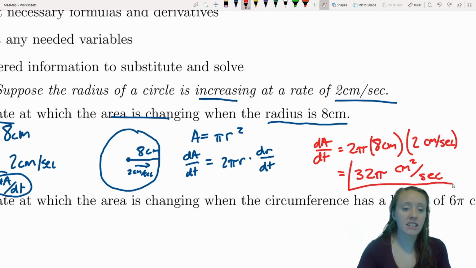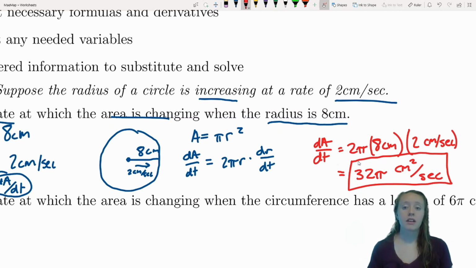That is how fast my area is increasing. That's the rate of change that my area is increasing with respect to time: 32 pi centimeters squared per second. Now, if you want to enter this into a calculator, multiplying by pi, that 3.14, feel free to. However, I'm going to leave it as 32 pi centimeters squared per second.